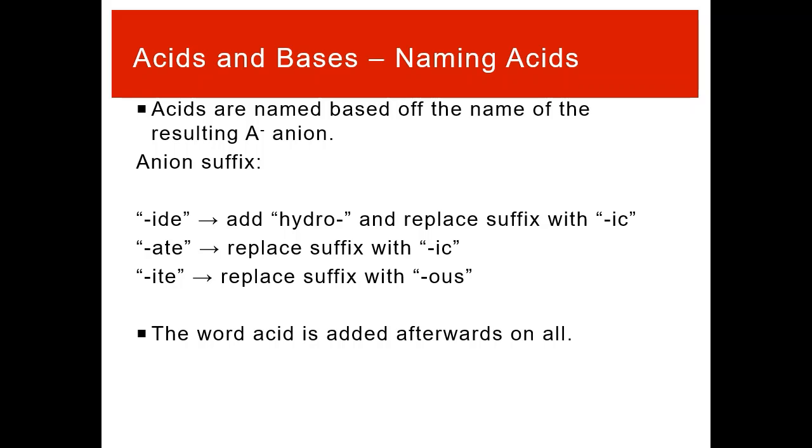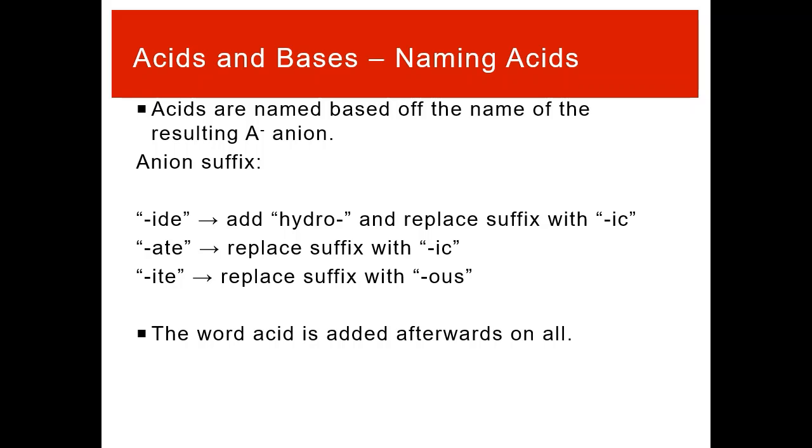I want to talk a little bit about naming acids. Acid naming is going to be based entirely off that resulting A minus anion. Once the hydrogen left, you had an anion left over, and that anion name is going to derive the name of the acid. It's all based around the suffix on that anion.